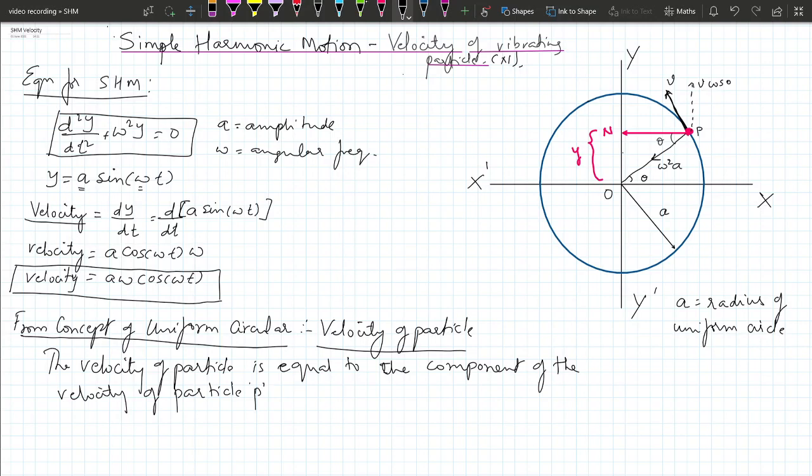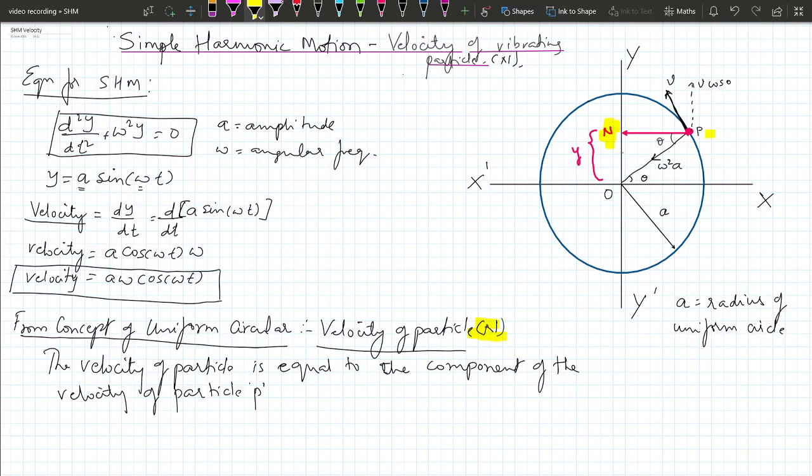Now here I am interested to find the velocity of the particle n, this particle. To determine the velocity of this particle n, I am using the component of the velocity of the particle p.